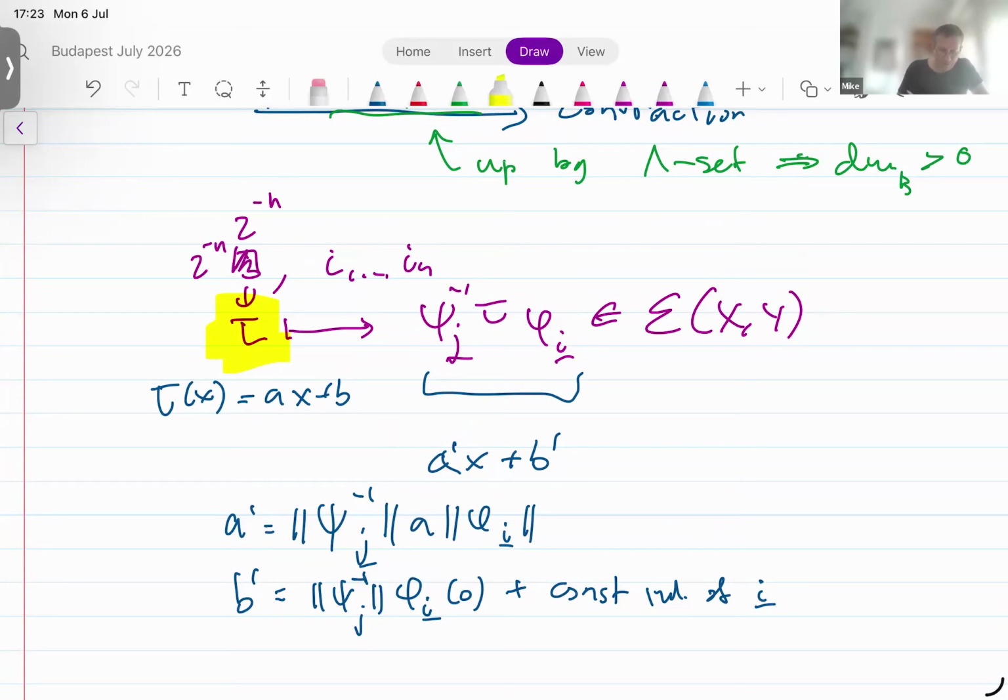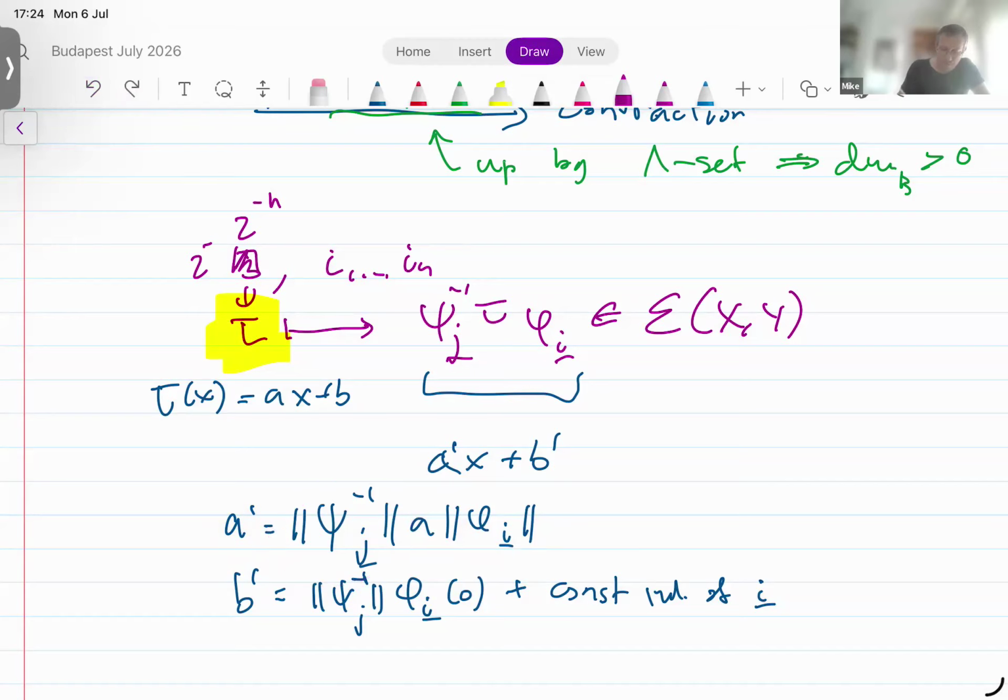Now, the new contraction ratio we get is going to vary by the same amount, because we've chosen things so that the contraction of the psi's and the contraction of the phi's cancel out.